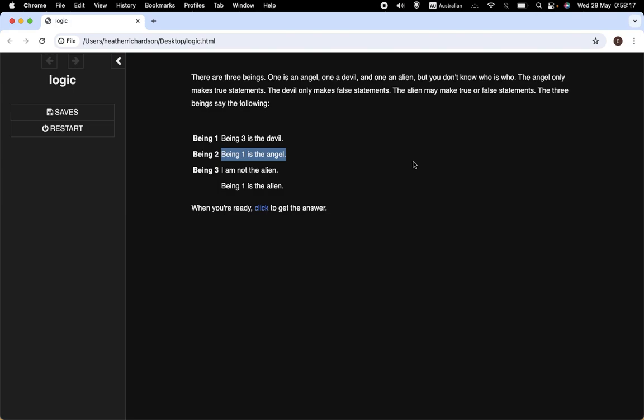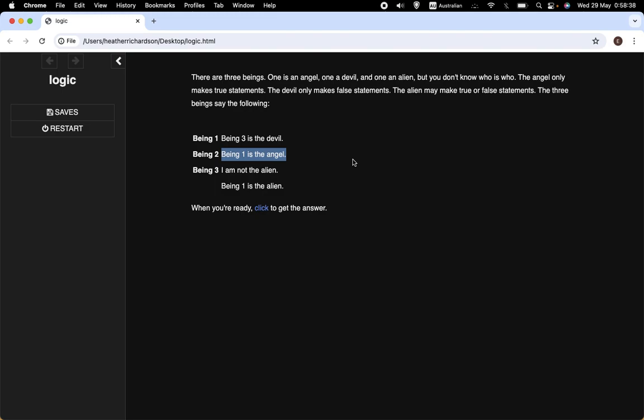The alien can make whatever statement it wants. It can make true or false statements. And the devil could say that being one is the angel if it was untrue, because the devil always makes false statements. So we know that being two is not the angel.